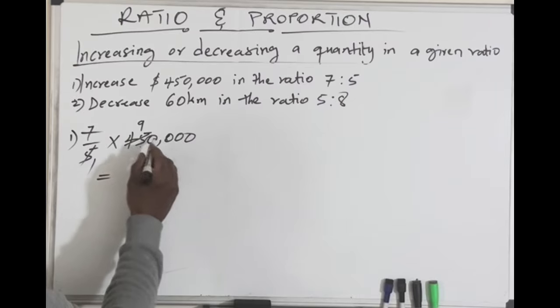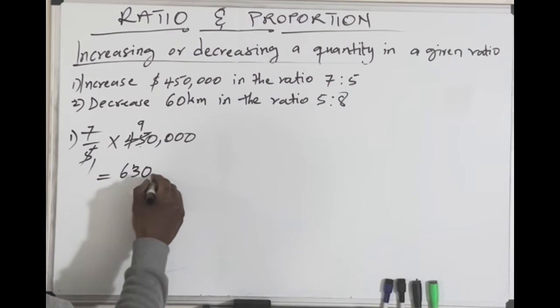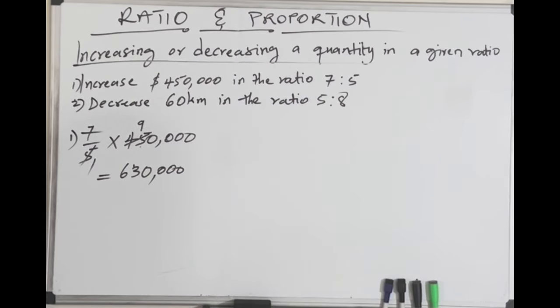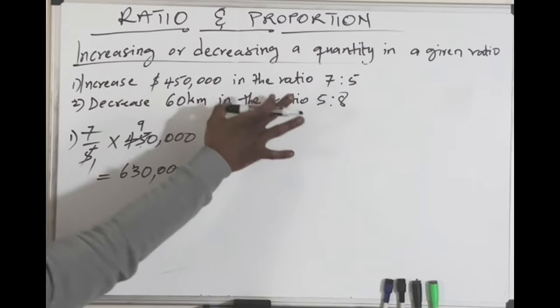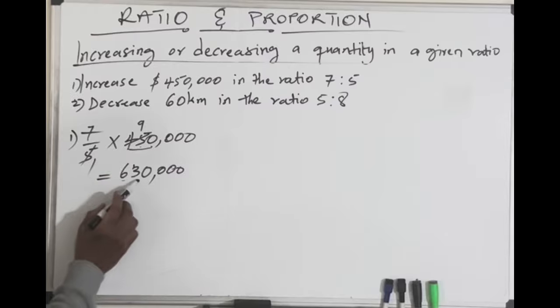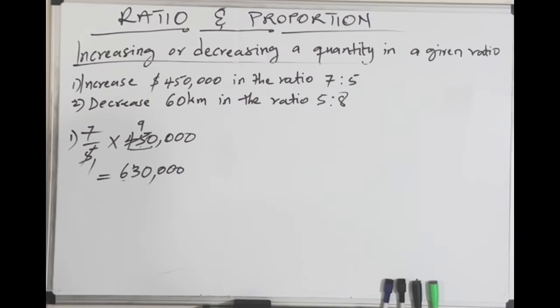So 7 times 90,000 is 630,000. You see, we increased 450,000 in the ratio 7 is to 5. It was 450,000, but right now it's 630,000. So we have increased it in the ratio 7 is to 5.